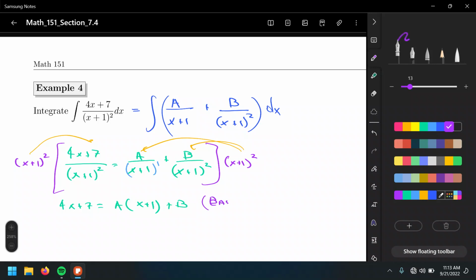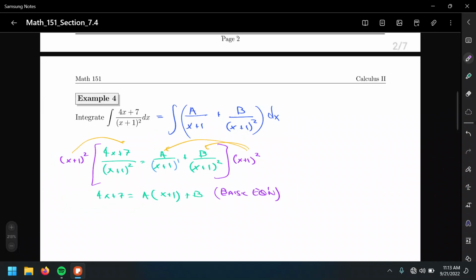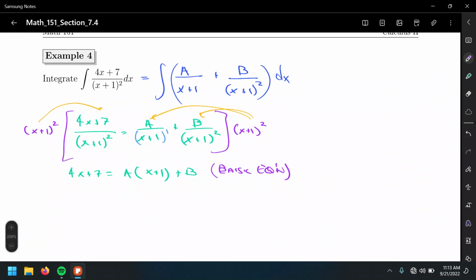It's our basic equation. And this basic equation is the one to be used to find those constants A and B. It's actually a simpler equation than what we had in the previous step.